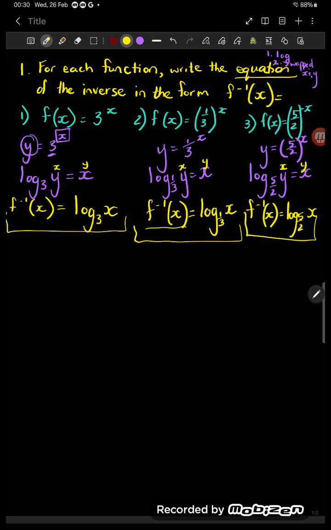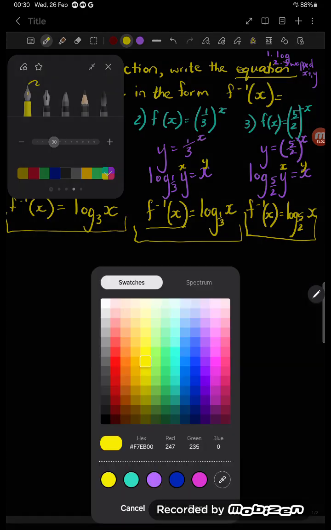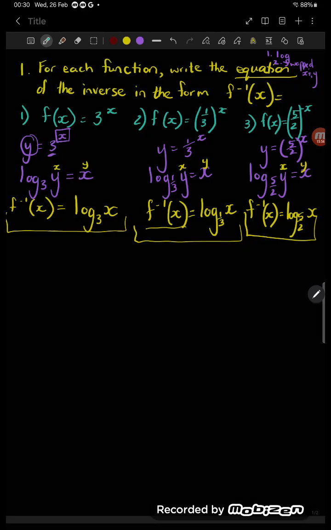Now, how do I draw this thing? If they ask me to draw it, how am I going to draw it? Koek sister weet how to draw a log.